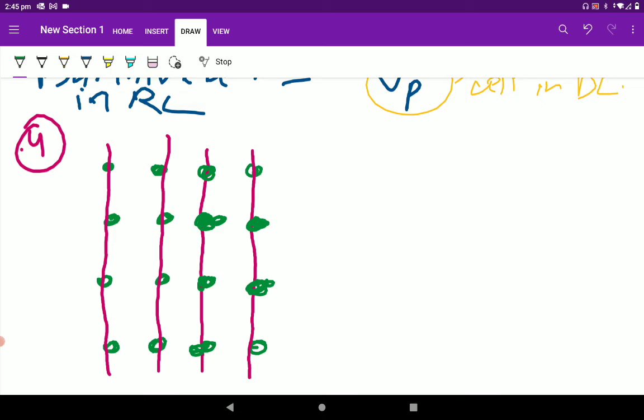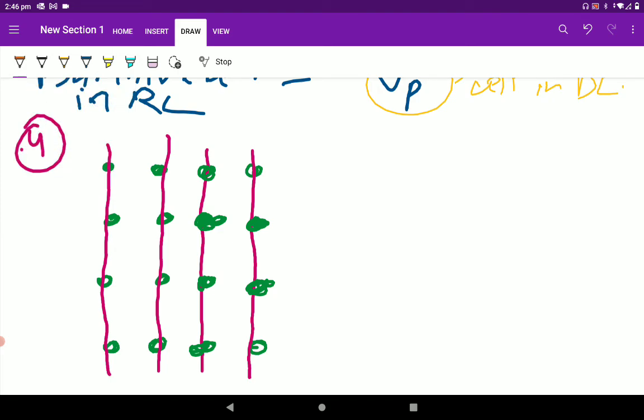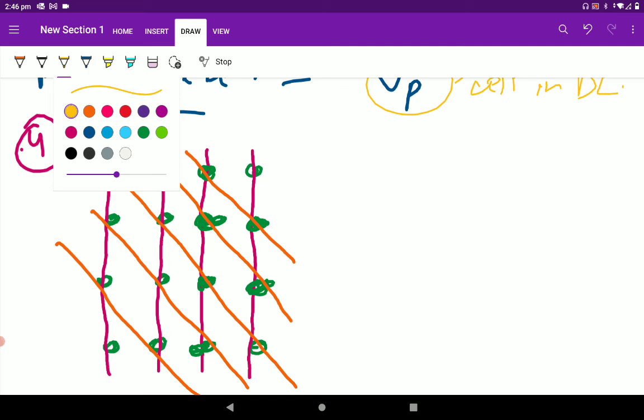So the closer the planes are, the less dense are the points in the plane. There will always be a vector G of hkl perpendicular to these planes, represented by something like this.